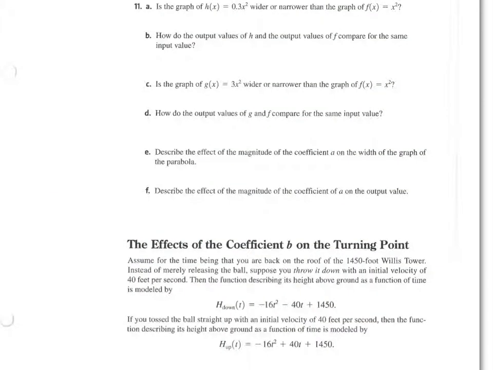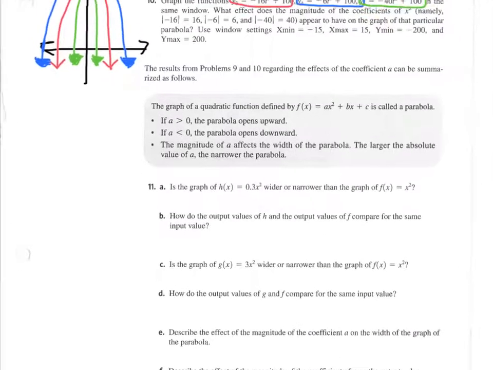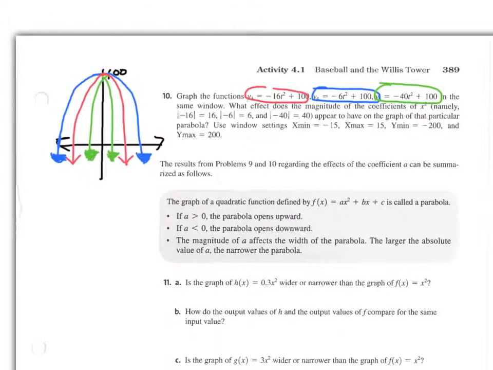All right, so now we figured out what the sign of that a does, but now we're keeping the sign consistent. All these signs in each of these three are negative, so every one of these graphs is opening down, but we're changing the size of it. I color coded these again.